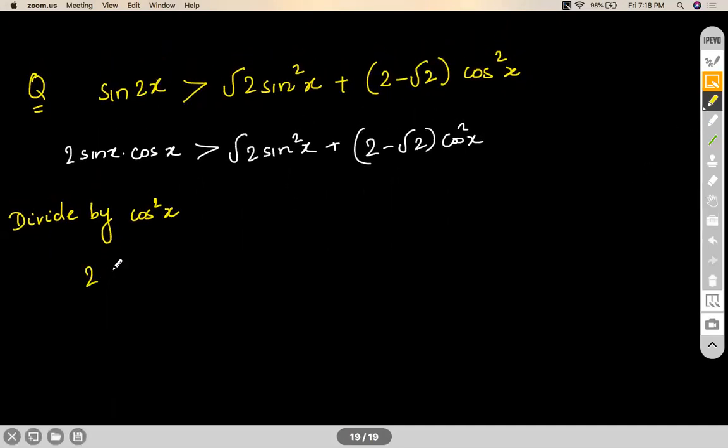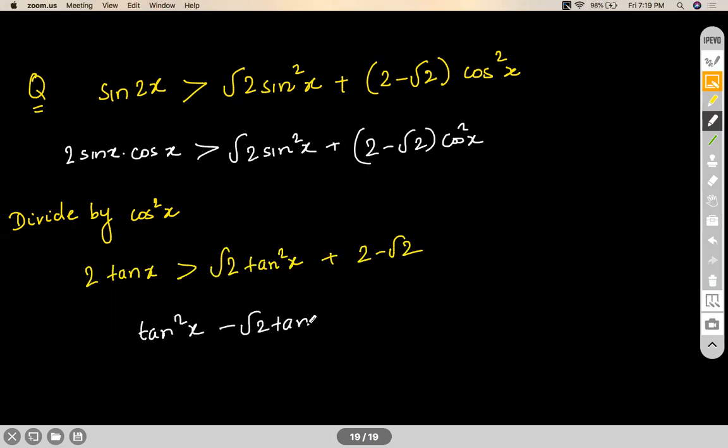So if you do that, this becomes 2 tan x. This becomes root 2 tan square x. And this becomes 2 minus root 2. Okay. You can take away root 2 from everywhere. So you can say tan square x minus root 2 tan x plus root 2 minus 1 is less than 0.